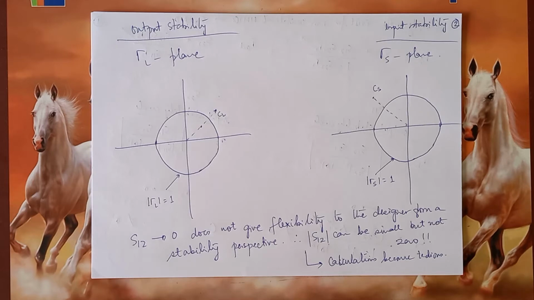So although from the calculation point of view we want S12 to be 0, from the stability angle it's always preferred that S12 should not be 0.